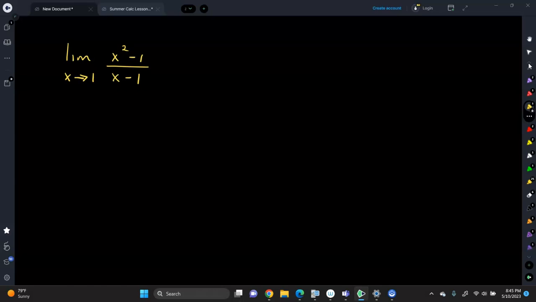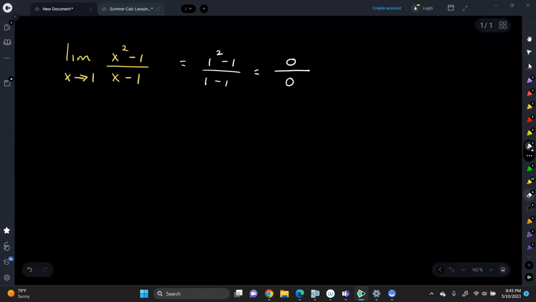Okay, now here, if we try to do a direct substitution, I'm going to get 1 squared minus 1 over 1 minus 1. So I'm going to get a 0 in the denominator, which means it's undefined. In this case, I'm also going to get a 0 in the numerator. So we can see that we have a problem.